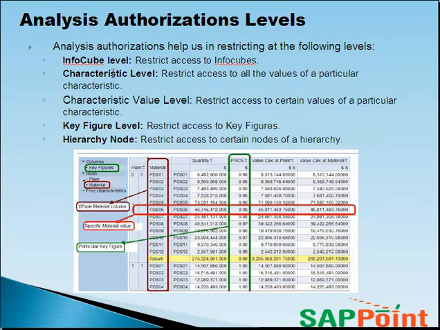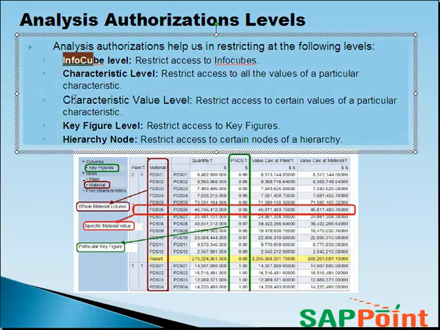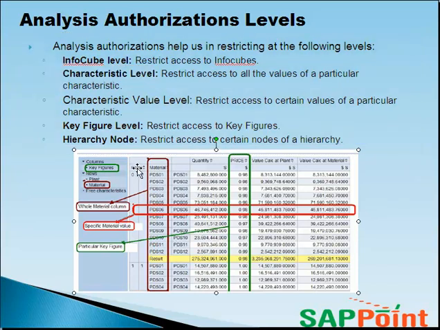So one of the key differences between BW and BI is that in BW you can build security at InfoCube level, and you can build at a hierarchy level also. But what you can't do in BW is build security at characteristic level unless it's an info object. So let's say plant is a characteristic in this case, but plant is also an info object in BW.